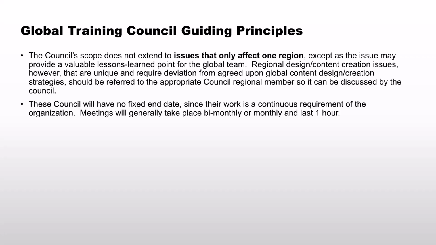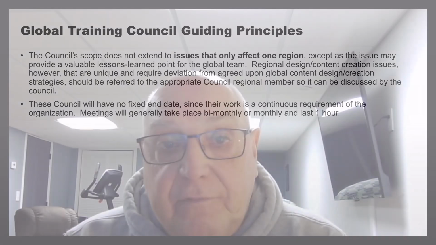If so, then the council would make the decision. If it was just one region, then it was just the global training team working with that one region to scope the project to see if they had time to do that project and work with that one region to get it done. The council was not involved.